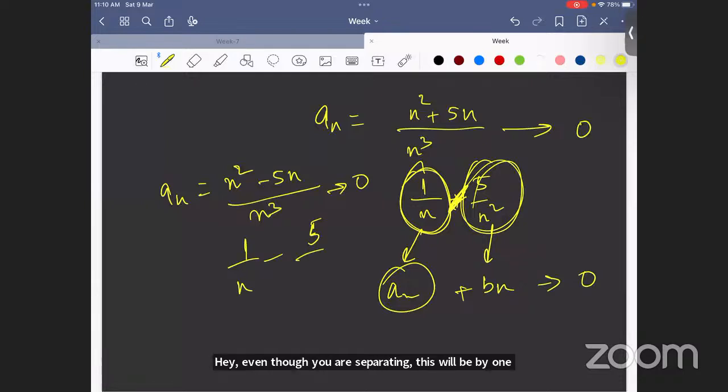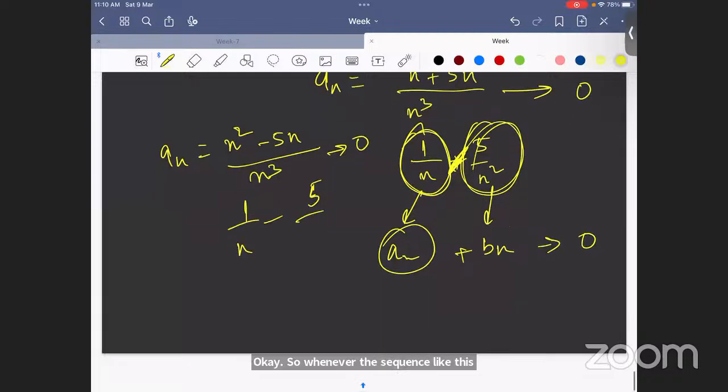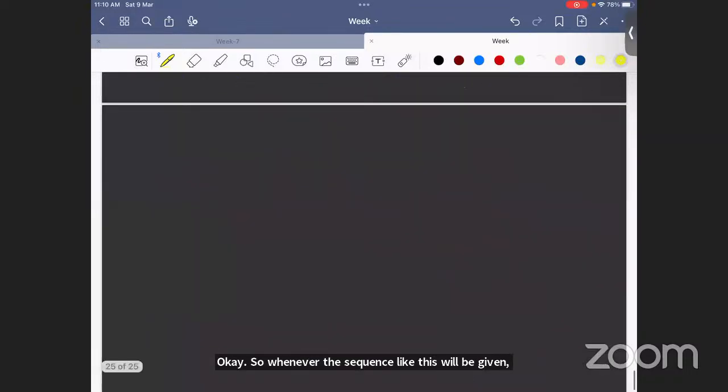That also will be 0. So whenever a sequence like this is given, you just focus on the maximum degree. If you are able to see which degree is greater and which is lesser, then you can directly say that. Okay, I'll give you some more questions.